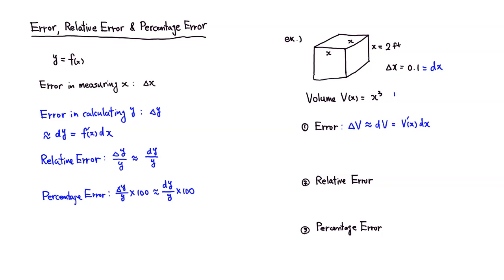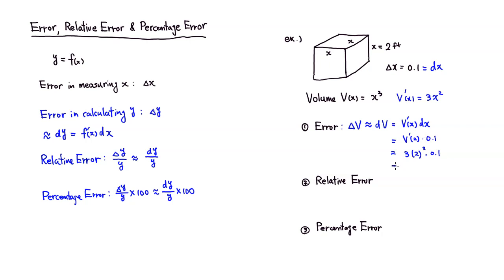The derivative of V is going to be 3x squared, just the power rule. So here I have V prime of x, where x is 2, times the delta x, which is 0.1. V prime of 2 is 3 times 2 squared times 0.1.